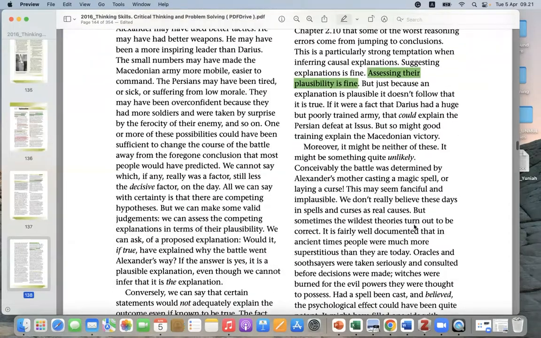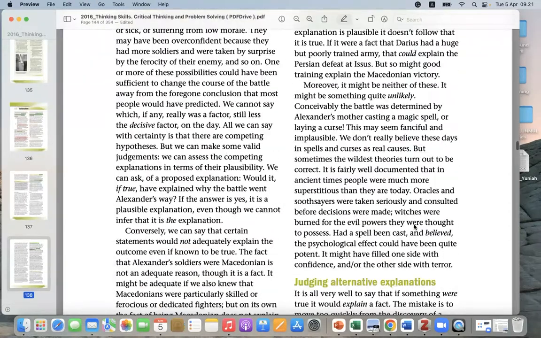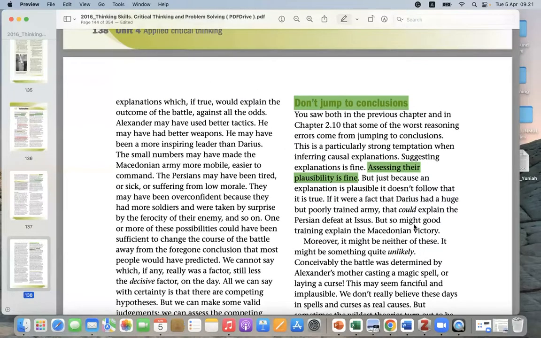And why should it be plausible? Because you don't want to jump to a conclusion. If your conclusion is too far from the things that you previously wrote, I think it is a jumping conclusion.